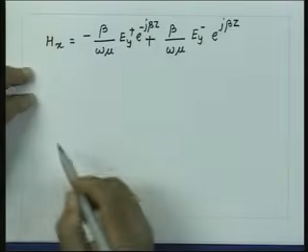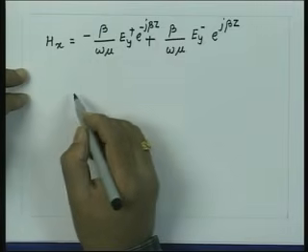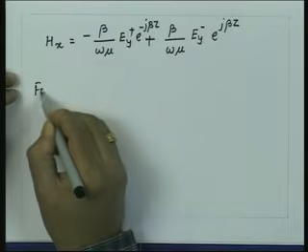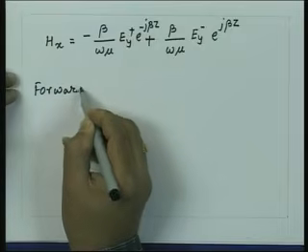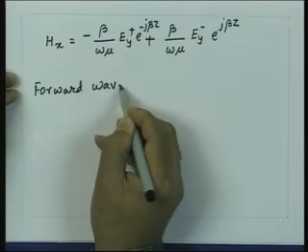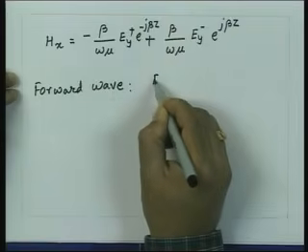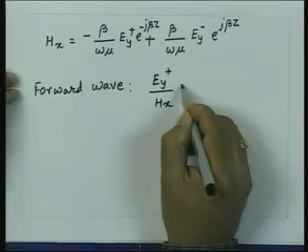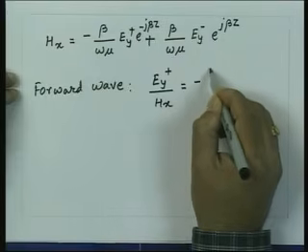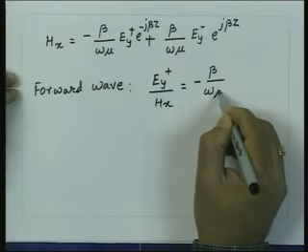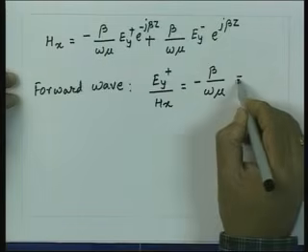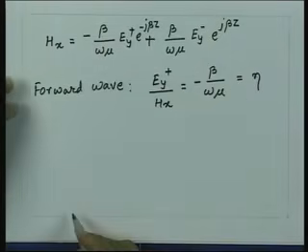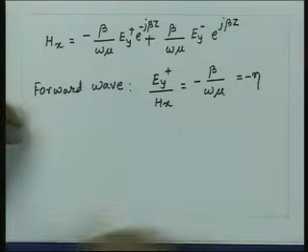And if I take a ratio of this as we have taken in the previous case for the two travelling waves, for the forward wave, I have Ey plus upon Hx, that is minus beta upon omega mu, which is nothing but the intrinsic impedance of the medium with negative sign.